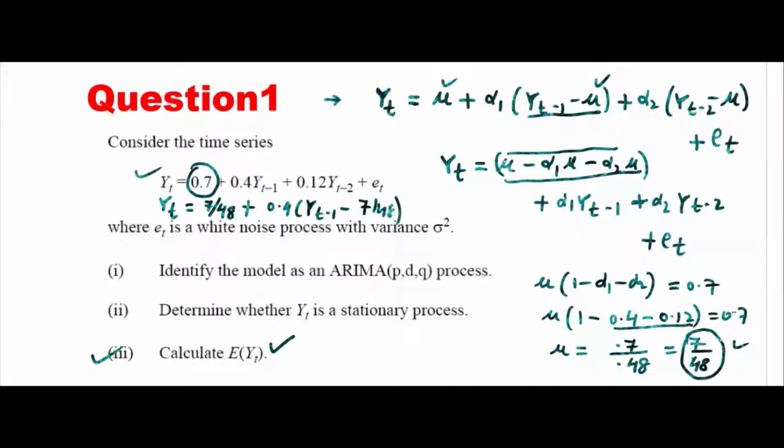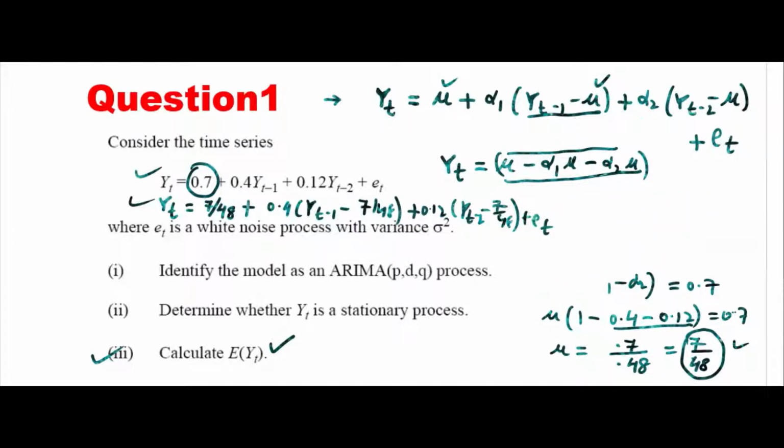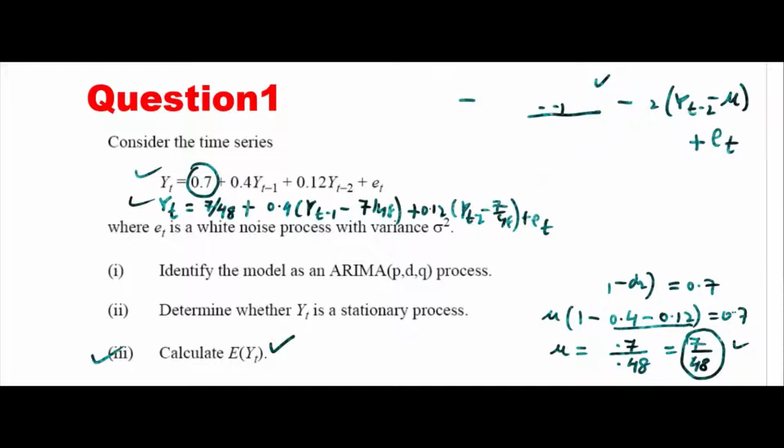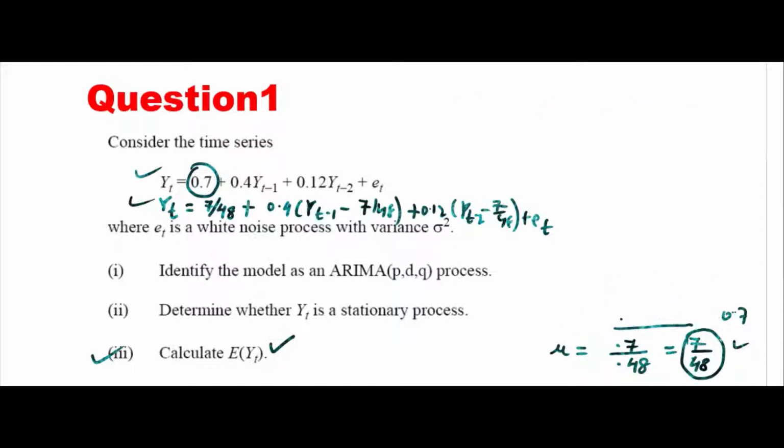Now you can verify they are the same. 0.12 yt minus 2 minus 7 divided by 48 plus et. You will get it this way. In any case, what you need to remember is you have a time series that you can always transform to the form which is easier.